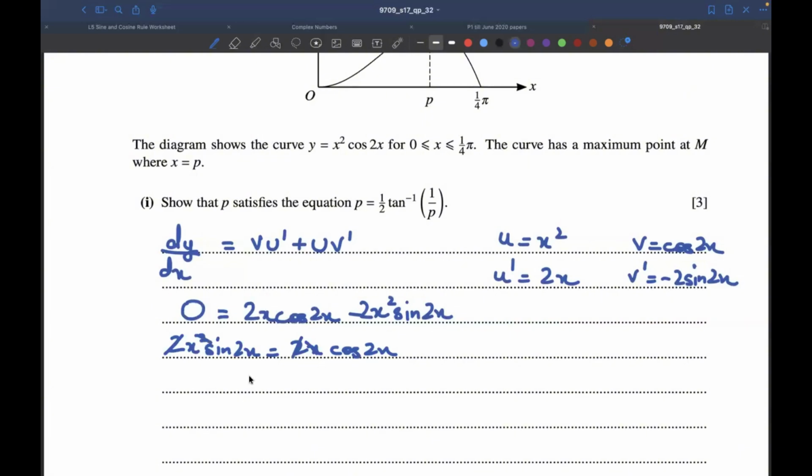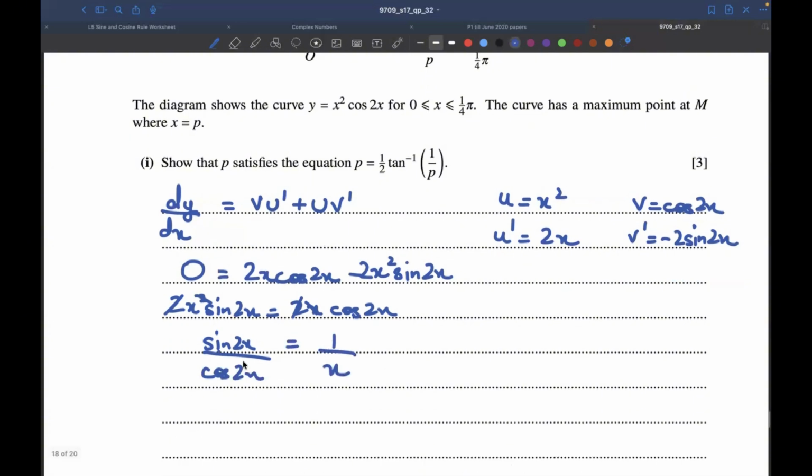And we can write it as, so we have to bring tan, so sine 2x upon cos 2x will become tan 2x. And we can bring this x on this side, so this will become 1 upon x.